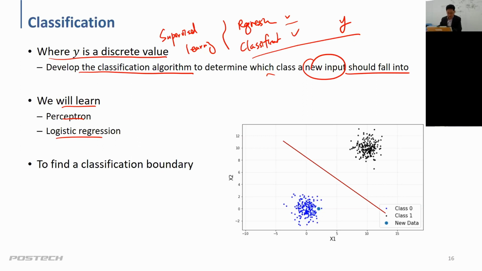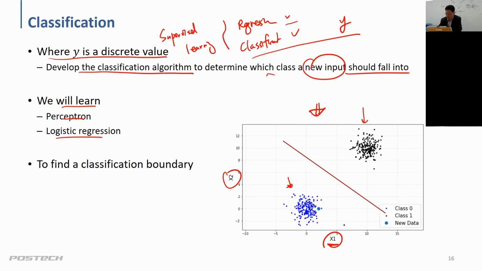All right, suppose here this is x1 and x2. What's the dimension of the inputs? Suppose we have these two groups.